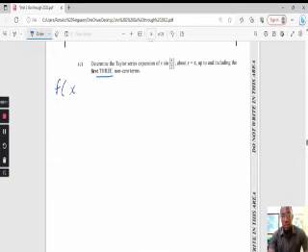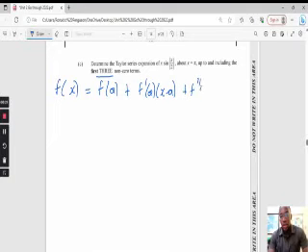Remember, f of x is equal to f of a plus f prime of a times (x minus a) plus f double prime of a times (x minus a) squared over 2 factorial plus f triple prime of a times (x minus a) cubed over 3 factorial.